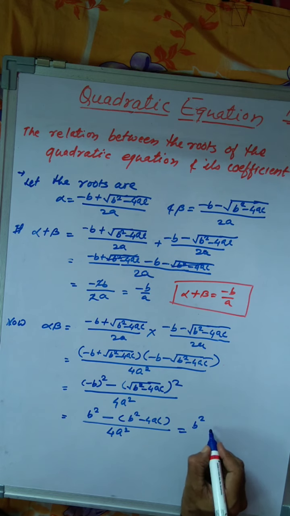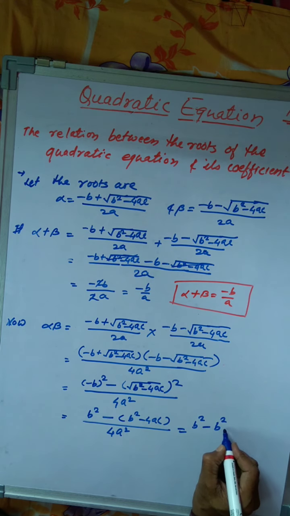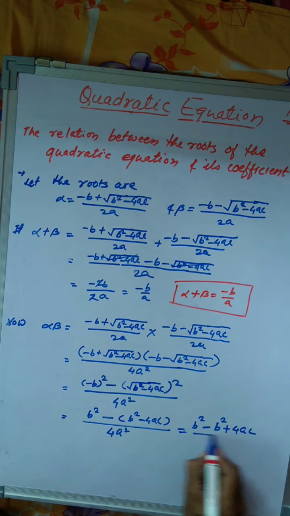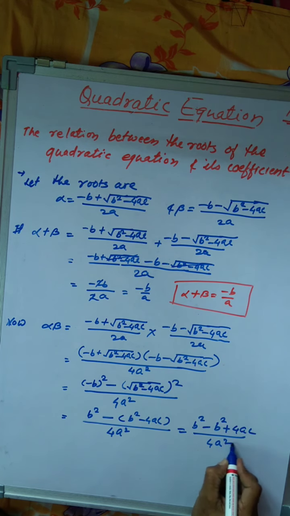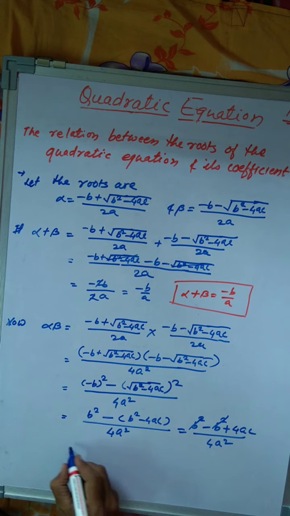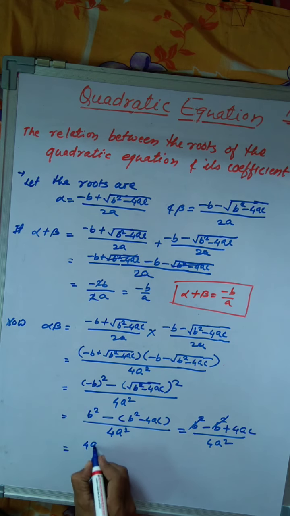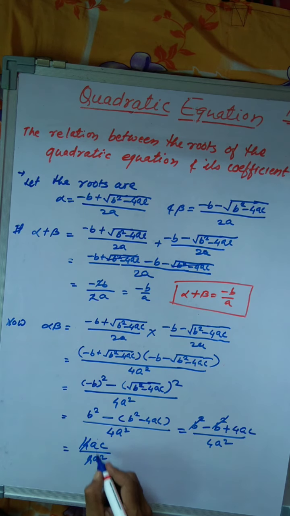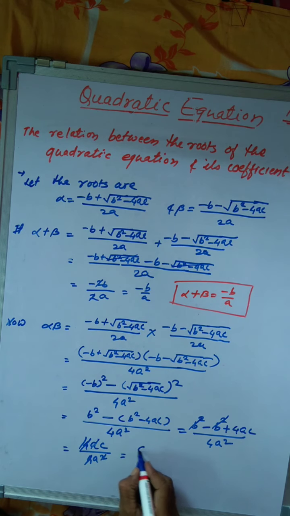Hence we get b² - b² plus 4ac upon 4a². The b² cancels, hence 4ac upon 4a². The 4 cancels and one a cancels, and hence we get c upon a.